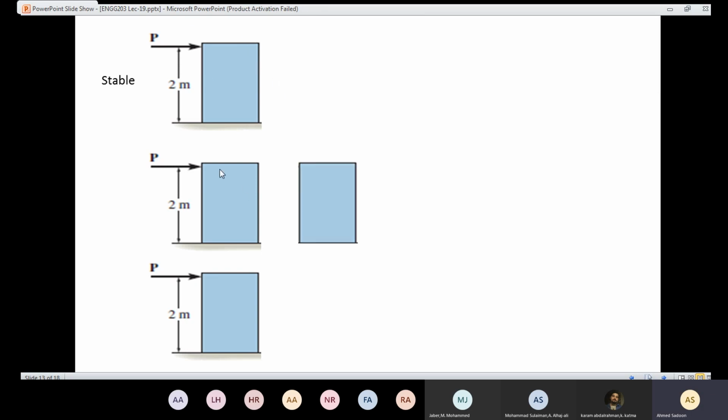That could be by sliding, where the box is going to move from that point to that point, or by tipping, where the box is going to turn over. So we need to know the minimum value that is going to cause slipping or tipping. We don't know which one is going to occur first.